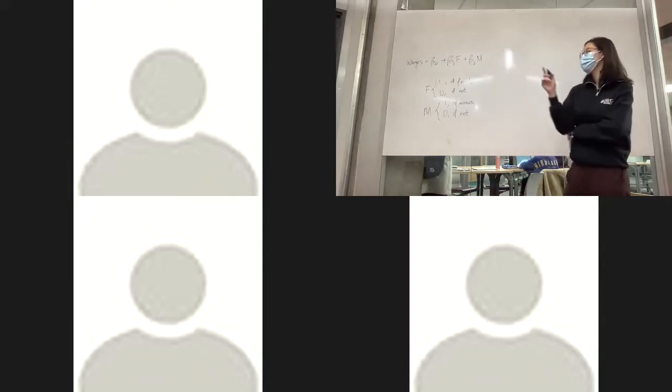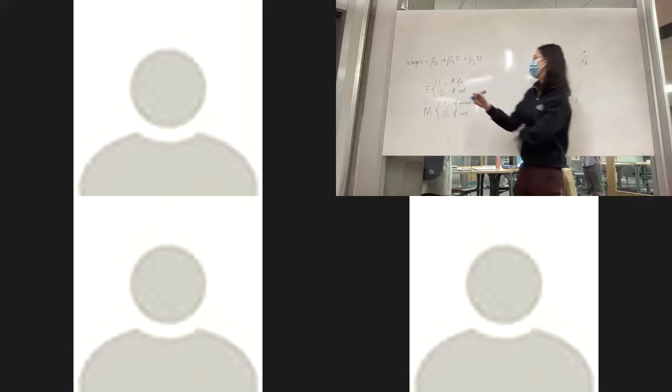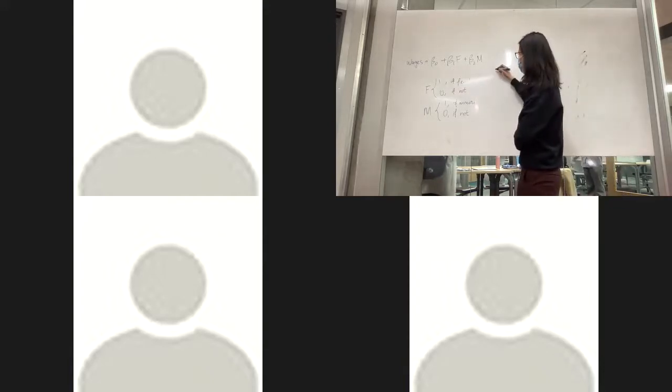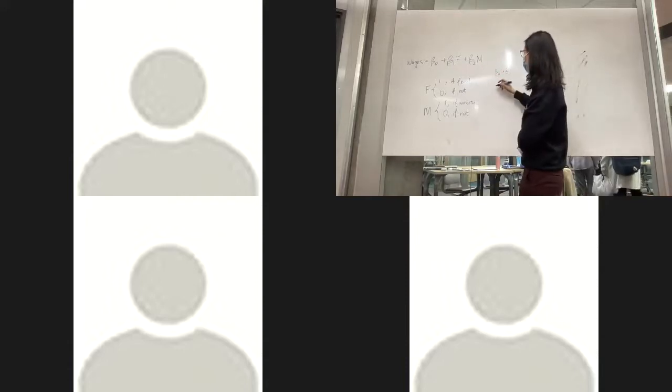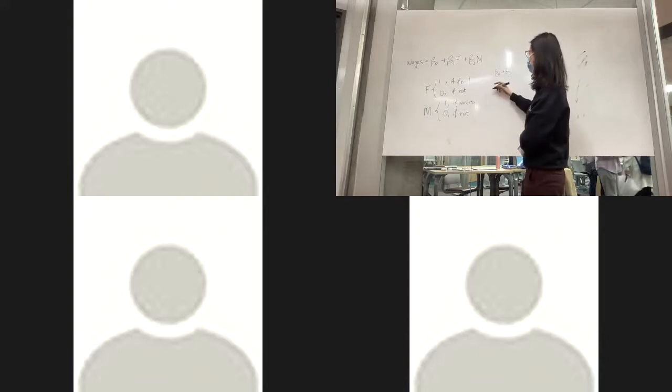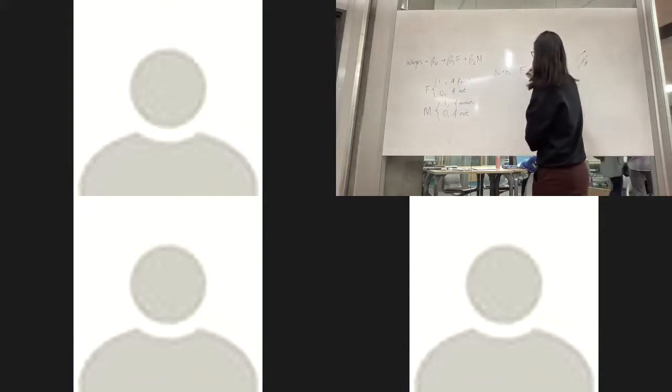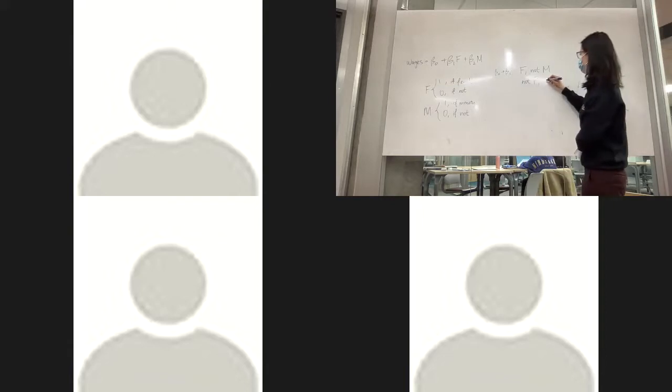If you just leave it like this, it doesn't really work. The reason is that when you have a female not minority, you would have beta 0 plus beta 1. When you have a not female minority, you would have beta 0 plus beta 2.